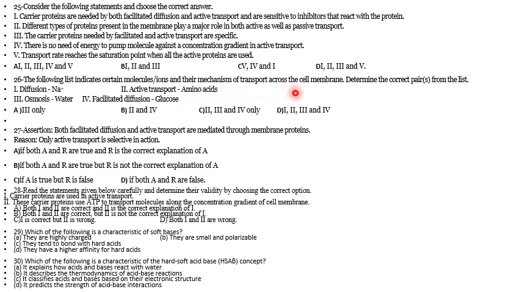transport across the cell membrane. Number 1 diffuse sodium ion, 2 active transport amino acids, number 3 osmosis water, number 4 facilitated diffusion glucose.